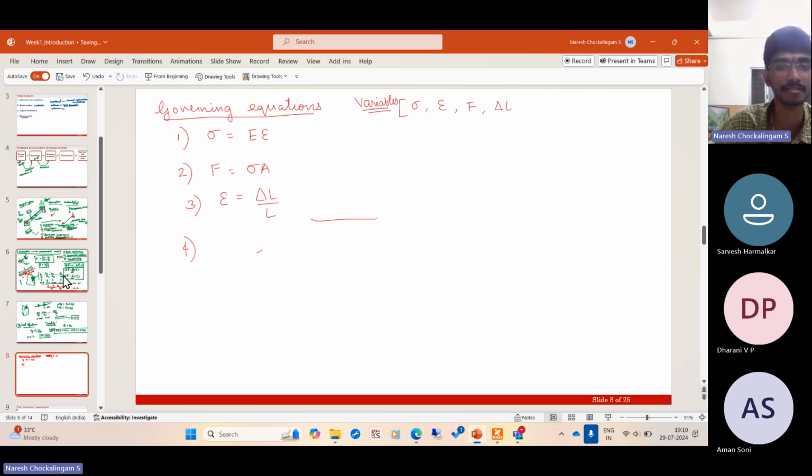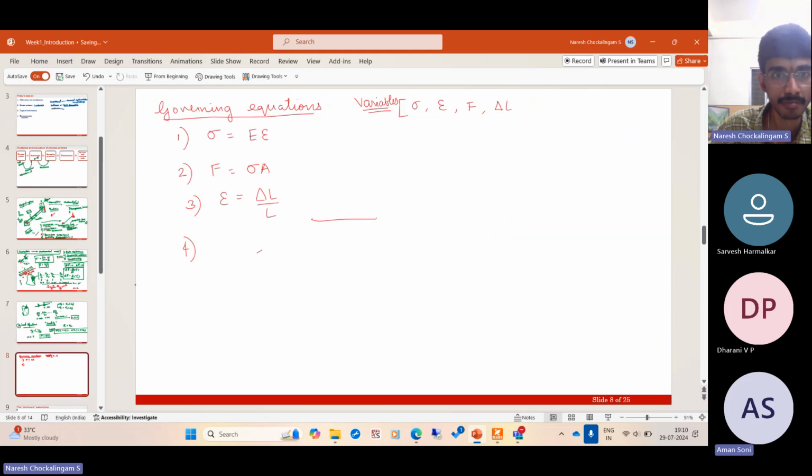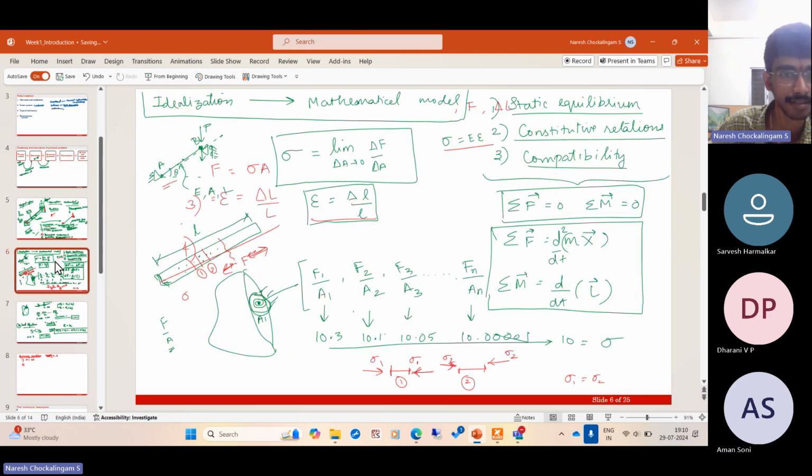What is the compatibility here? The algebraic sum of the net deformation of these two segments will be zero. If the 1D bar is constrained by these two hinges, then the net longitudinal deformation is zero.